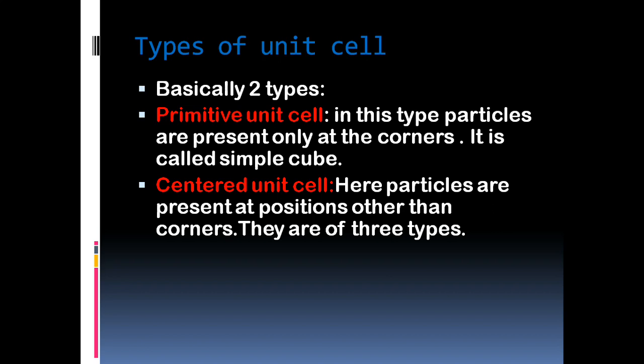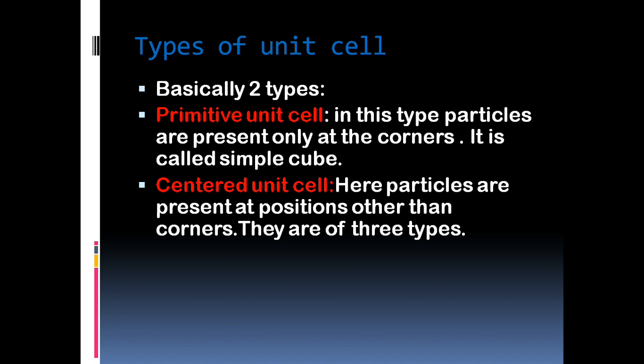The second type is centered unit cell. In this case, apart from the particles present in the corners, there are additional particles present at different positions. I shall repeat once again. In centered unit cell, particles are there in the corners, plus some additional particles are also present.